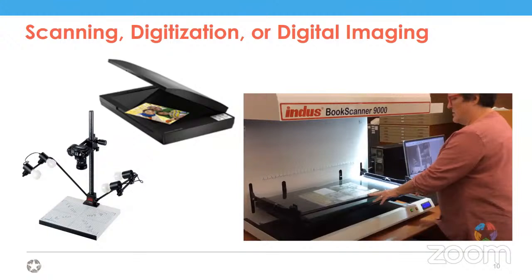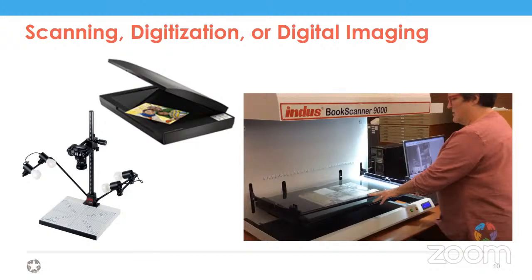A planetary scanner has a digital sensor that is above the object, like floating in space like a planet. Then you put the object that you are trying to digitize face up under the glass. If you see on the screen right now, all the way on the left with the camera above, that is a planetary scanner.